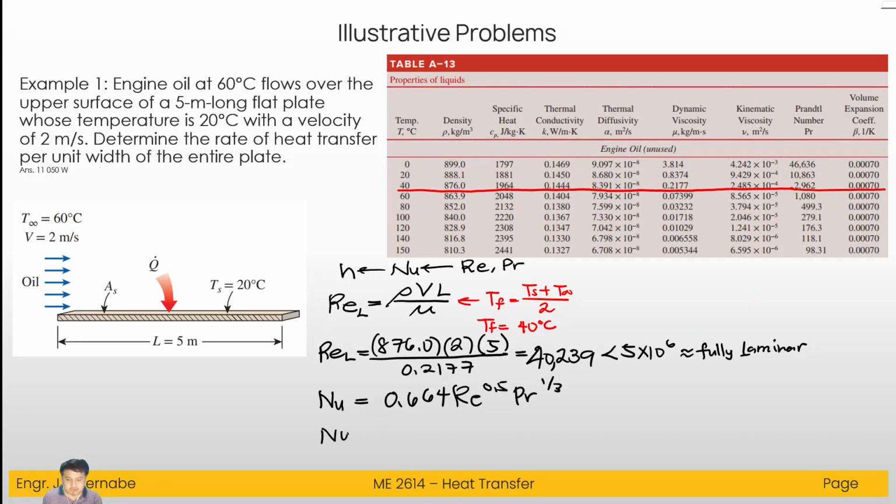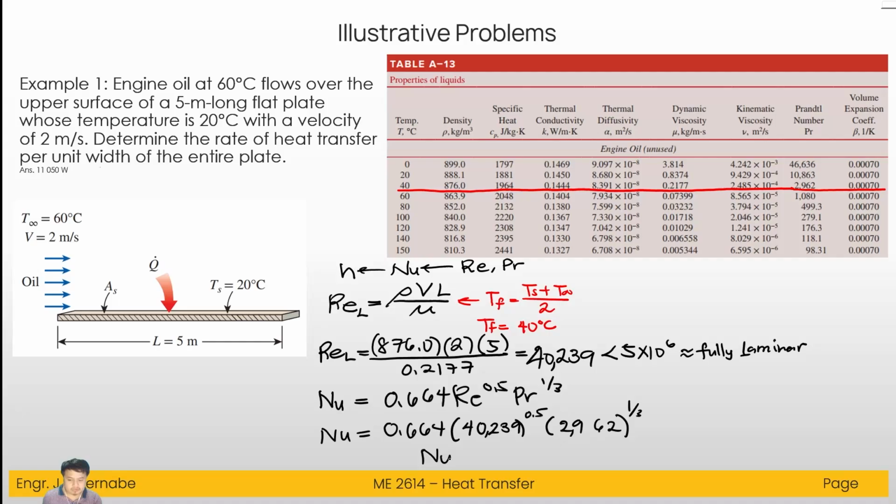So the Nusselt number here will be 0.664 times 40,239 raised to one half, or square root, times the Prandtl number of 2,962 raised to one third.